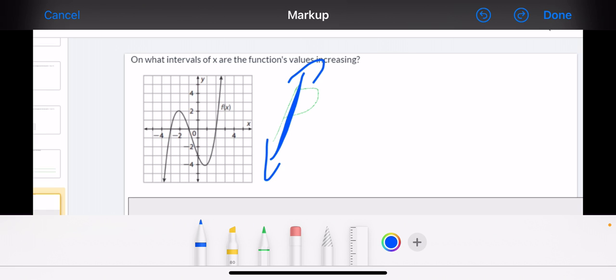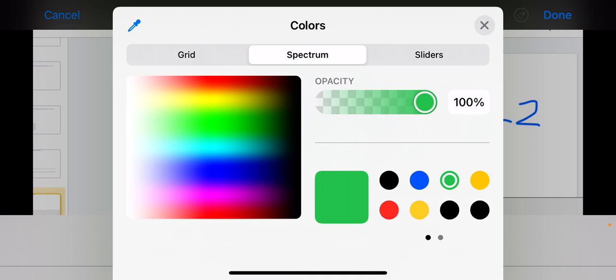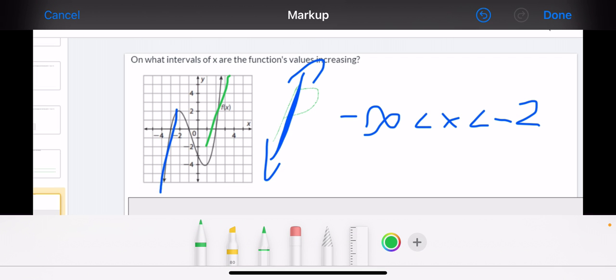So this line would be negative infinity to x less than -2. And then this line would be x greater than 1, to infinity.